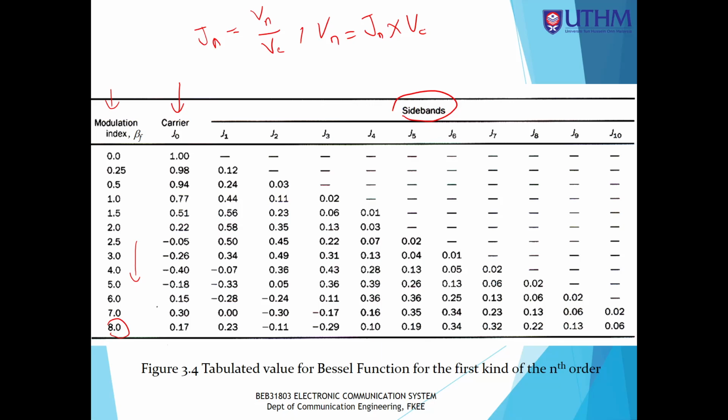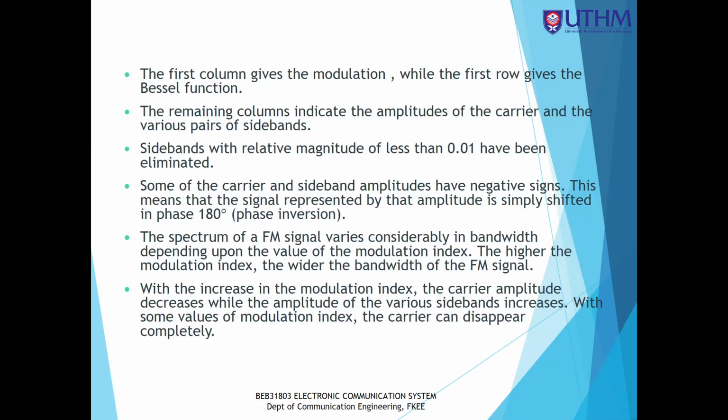It's not because the value is small, no. It is because the carrier changes phase by about 180 degrees. And this is explained in the next slides. It's already stated here that the negative is to show the phase shift of about 180 degrees, a 180 degree phase inversion.